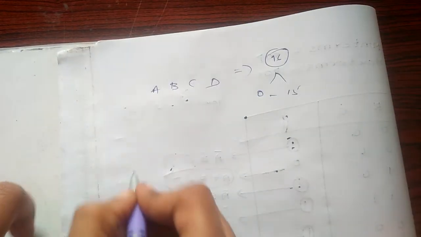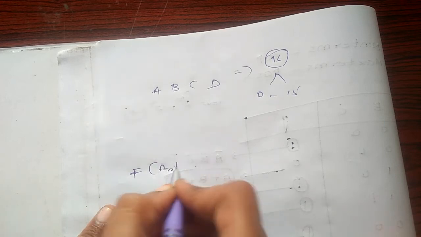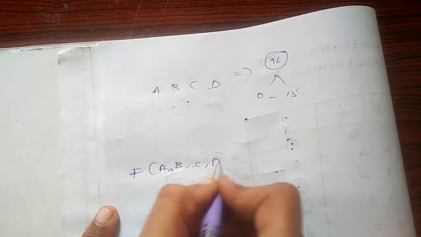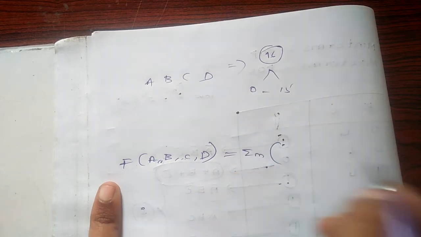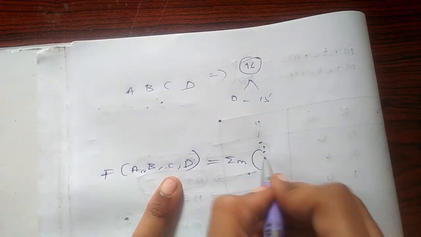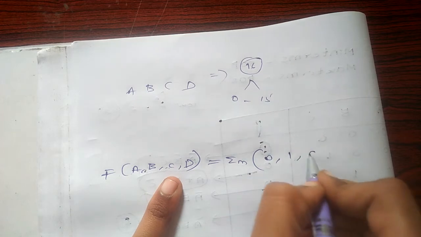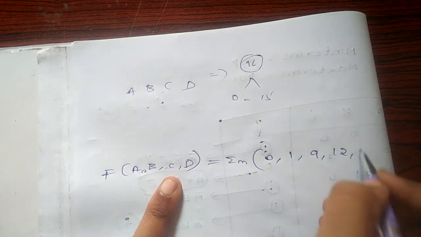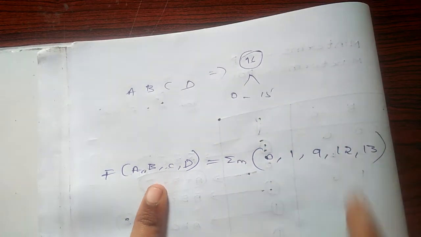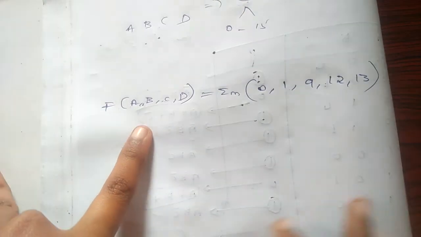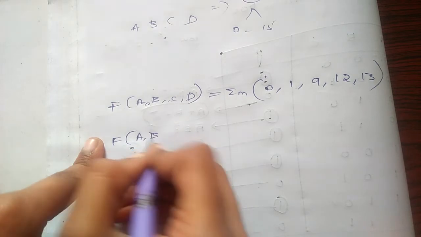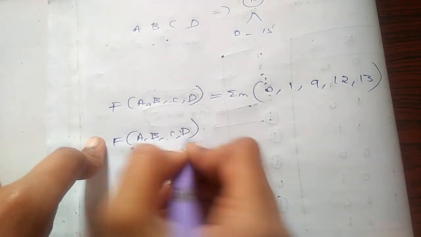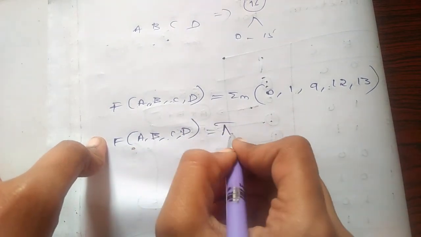Then if we are having f of a comma b comma c comma d, where in min terms you have 0, 1, 9, 12, 13, then you can easily write the max term equation for that.